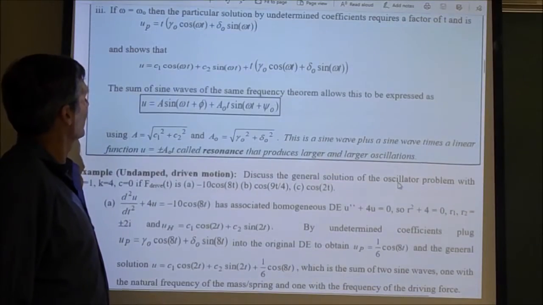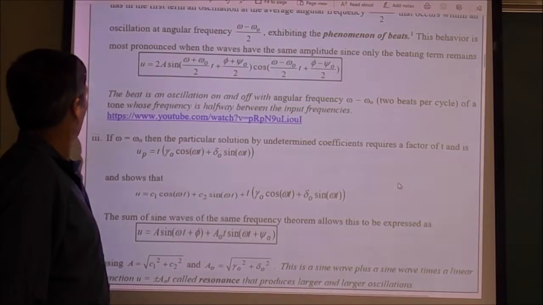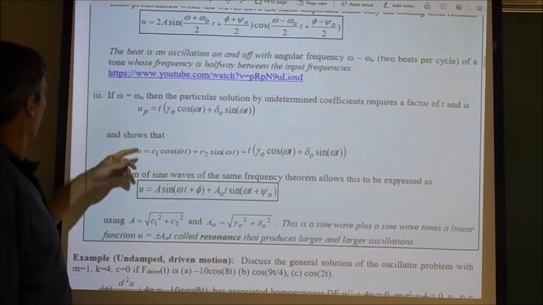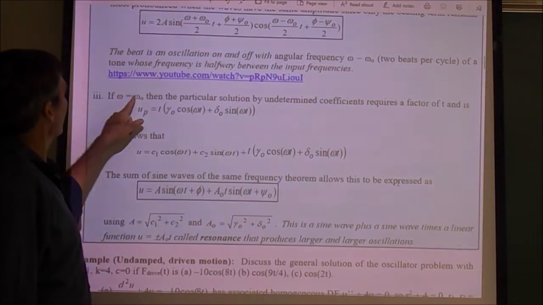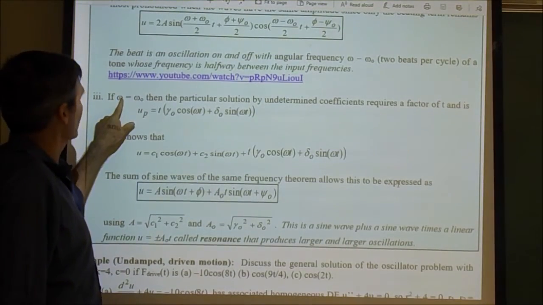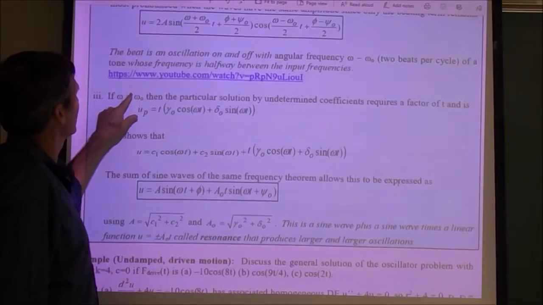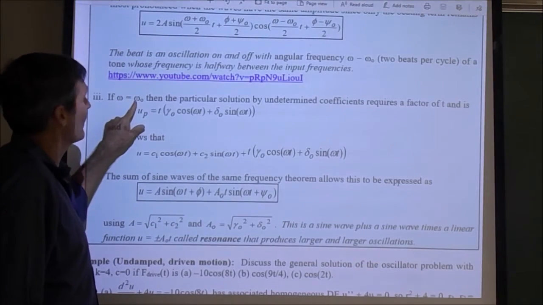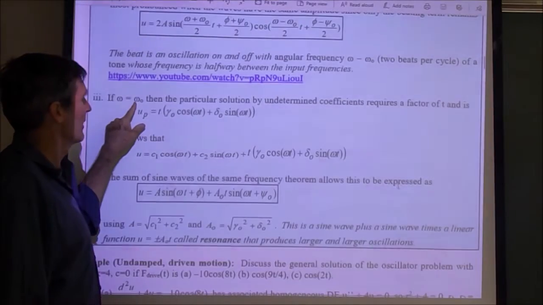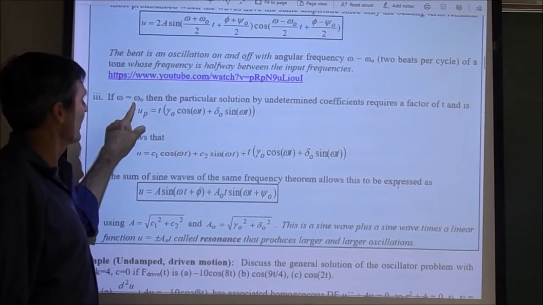And here's what happens in that case. Let's look at this case here. If omega equals omega 0, so the natural frequency it wants to oscillate at, square root k over m, is equal to omega 0, the frequency I'm driving it at, then you apply your methods from before. There are no new methods to solve differential equations.